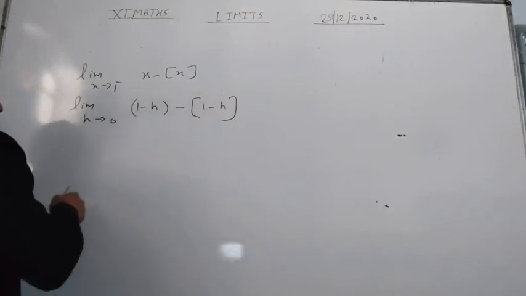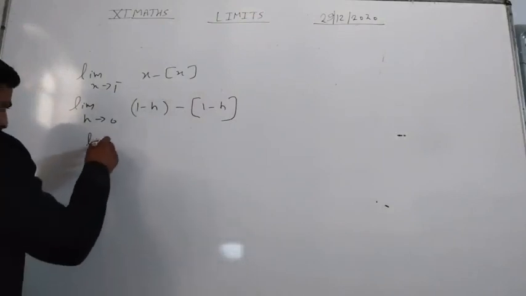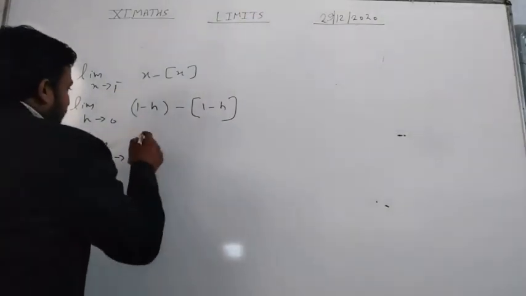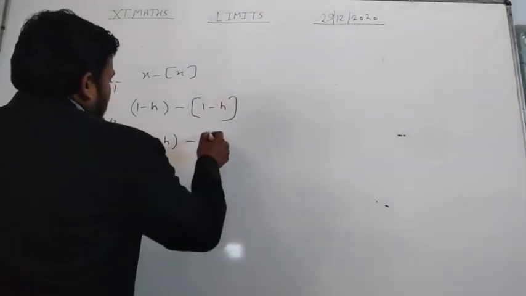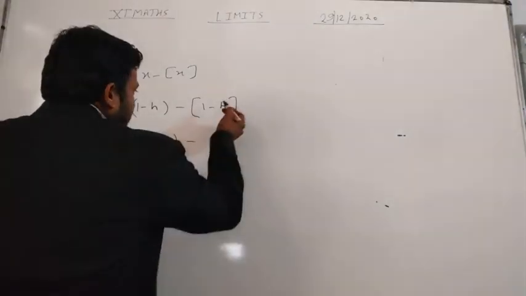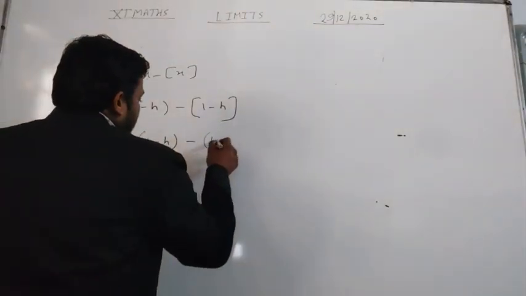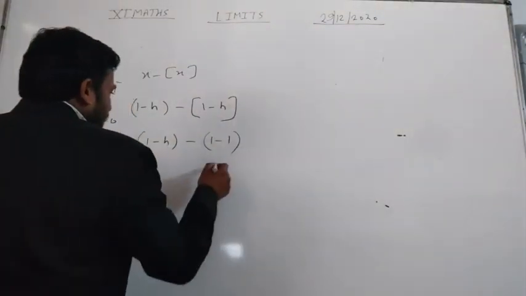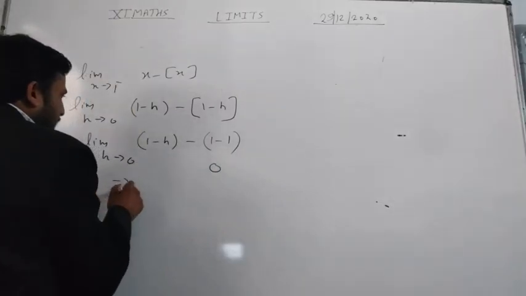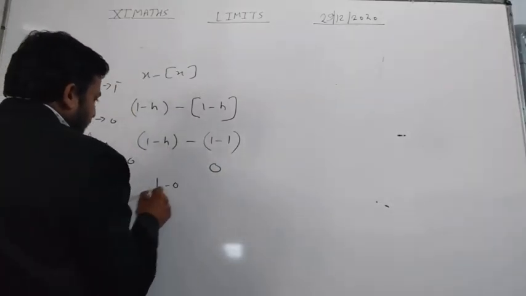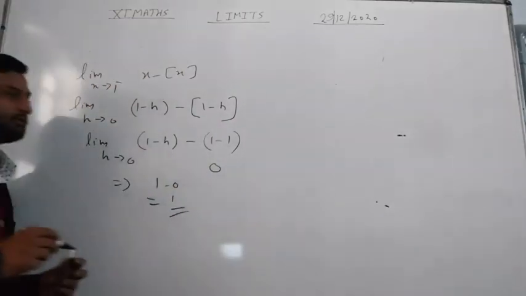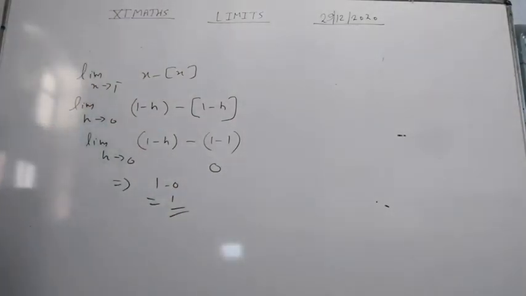The value of this will be, as h tends to 0, 1 minus h minus this quantity, which is 0 point something, so we can write 1 minus 1. So it will be 0. And when we put the limit here, we get 1 minus 0, which is 1. This will be our answer. Okay, student. Now we take another question. Let's see.